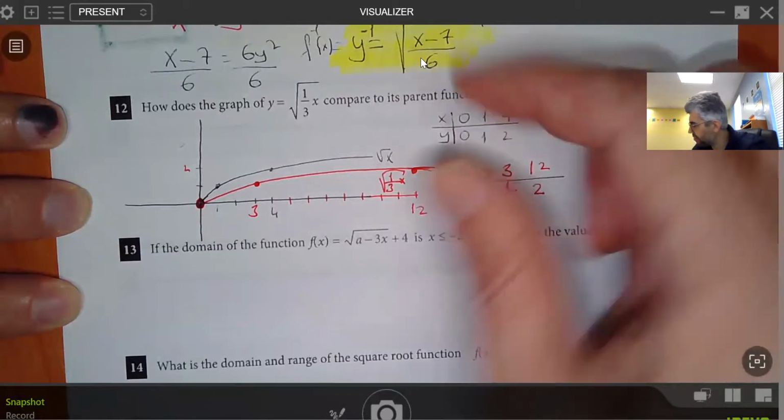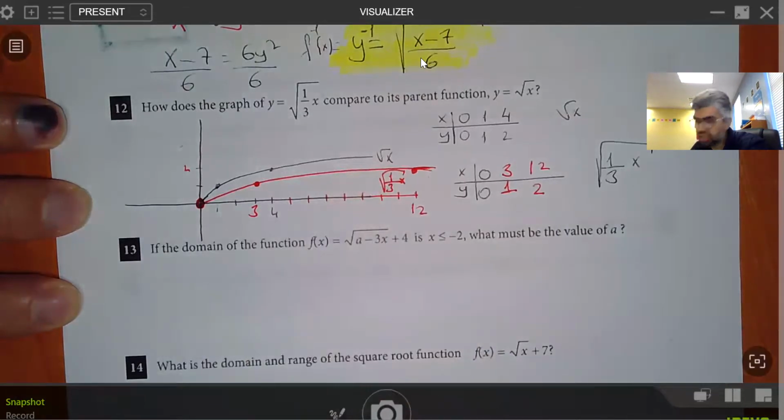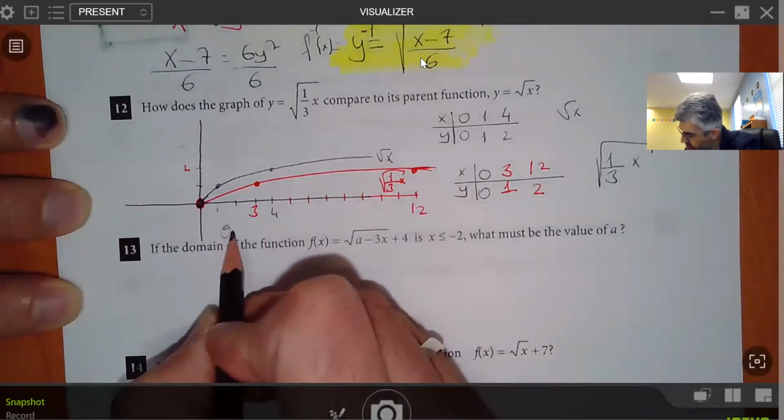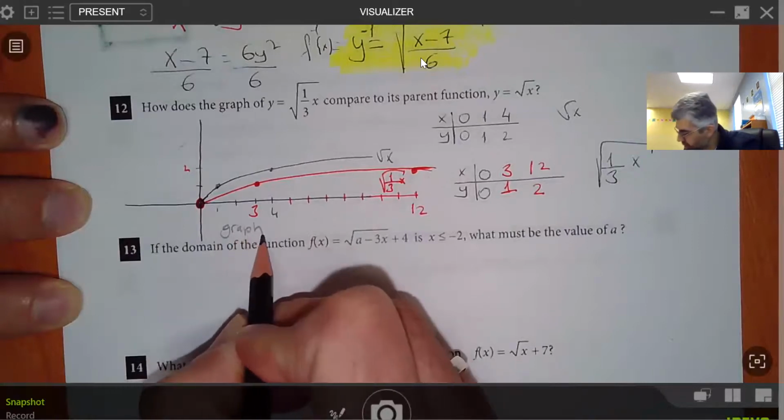So here we have the graph stretched horizontally by a factor of 1/3, we say. Okay, let me write it. The graph, do you see it? Yes.